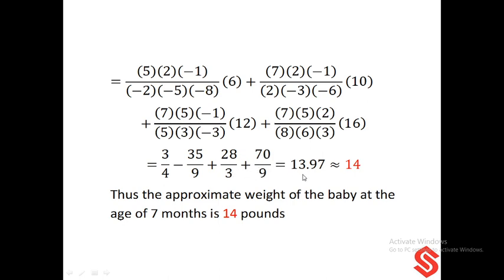It is equal to 13.97, that is nearly 14. Therefore, the approximate weight of the baby at the age of 7 months is 14 pounds.